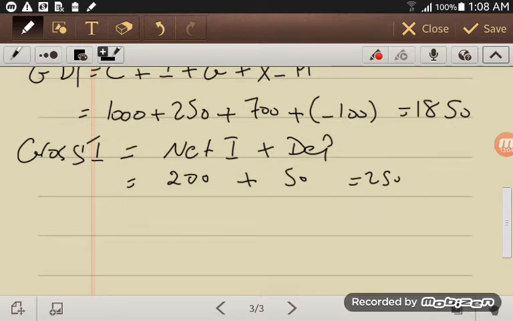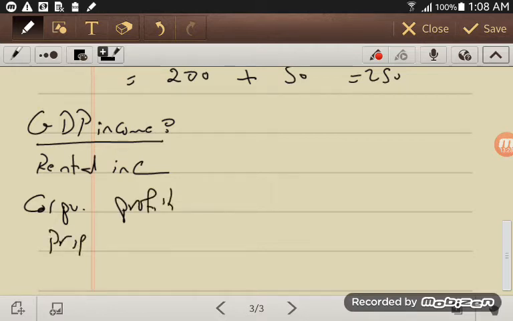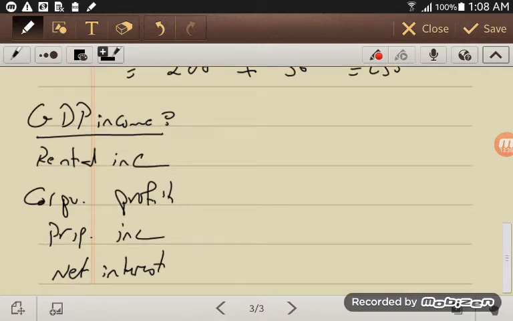Now GDP using income approach. As we said, it's the summation of rental income, corporate profits, proprietors income, net interest, and employees compensation.